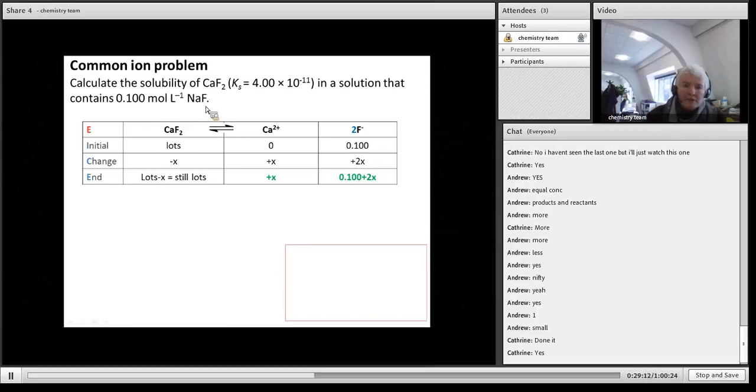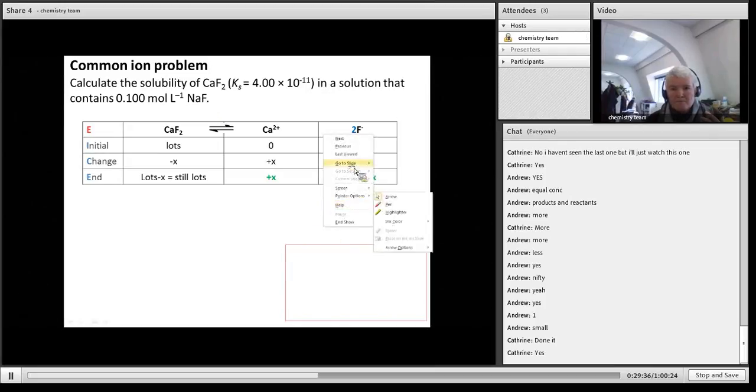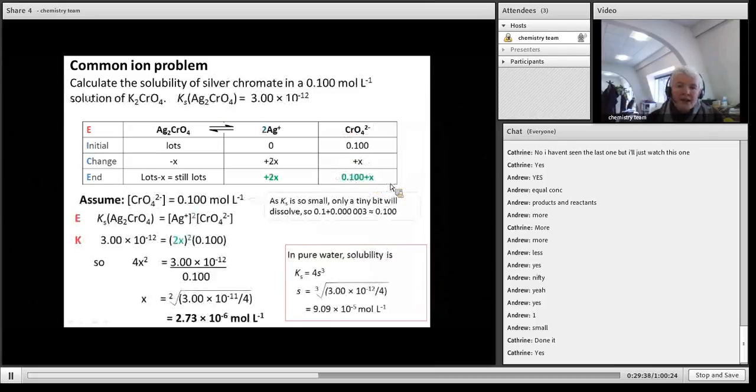Be very careful, because I couldn't give all the range of examples. This is going to be a 1-to-1, but sometimes you might have to multiply this value by 2. Okay, let me go back to the previous slide. Say the common ion was potassium, for example.